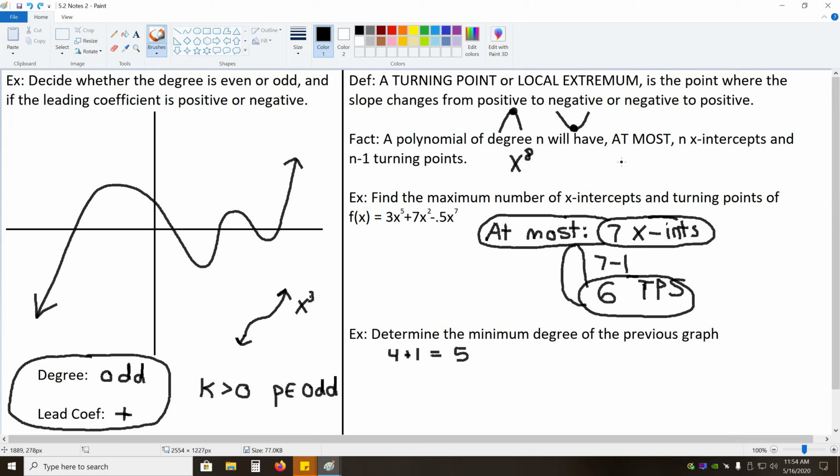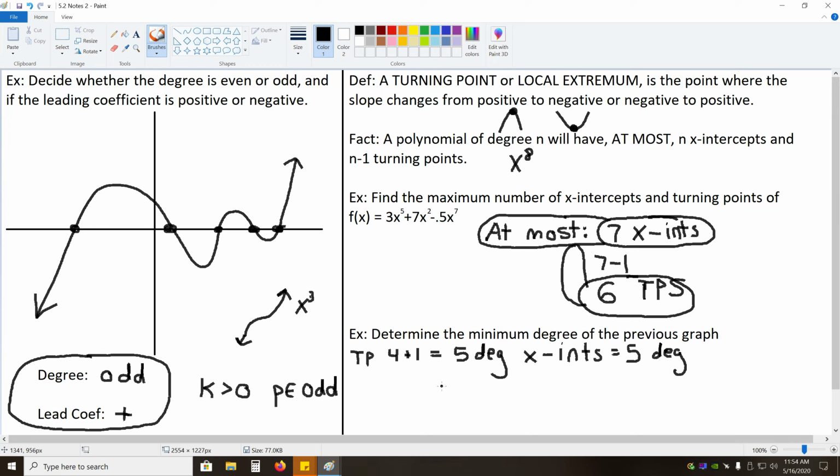Now we also have to check the x-intercepts because the degree is based off of those as well. There are 1, 2, 3, 4, 5 x-intercepts. So because there are 5 x-intercepts, the degree has to be at least 5 again. So the degree has to be at least 5 from the turning points, at least 5 from the x-intercepts, and it has to be odd.